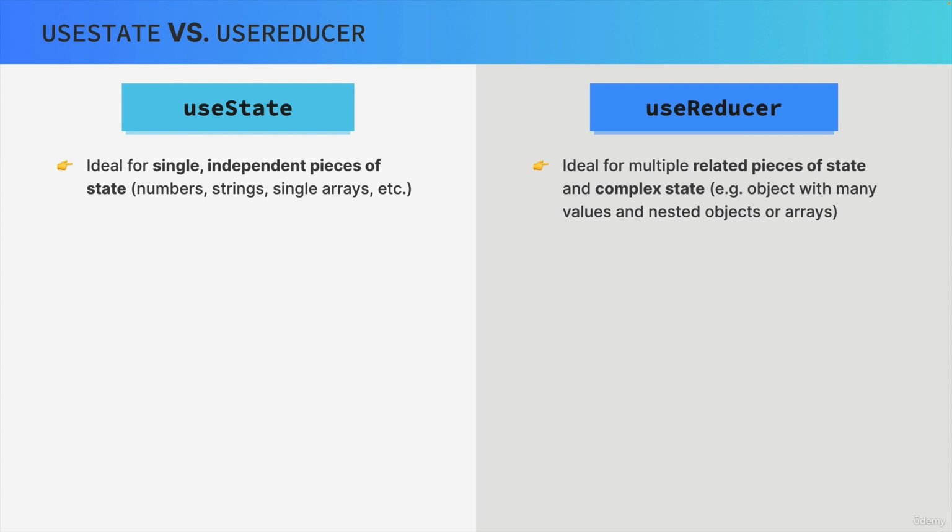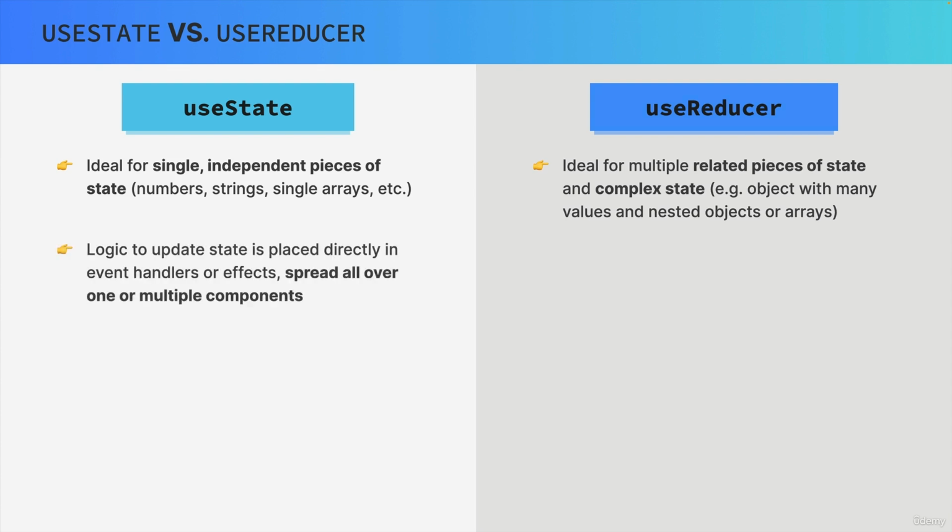Now, when we have a few states with useState, the logic to update that state is usually placed right into event handlers or effects, and these might be spread all over the component or even located in child components if we're using lifted state.